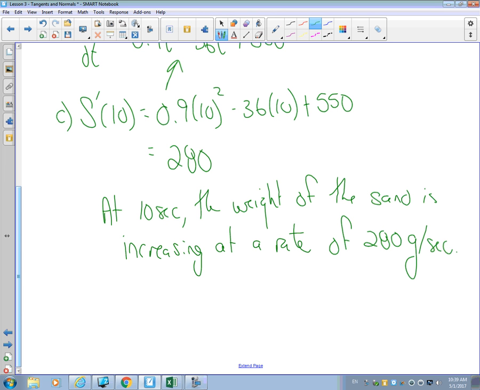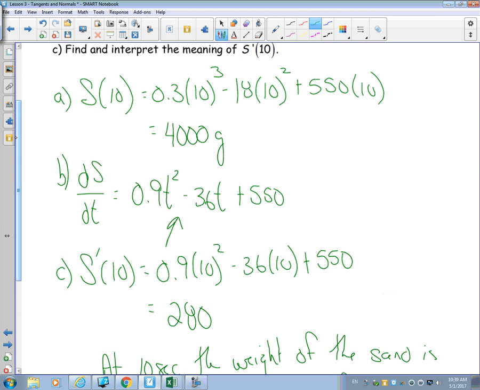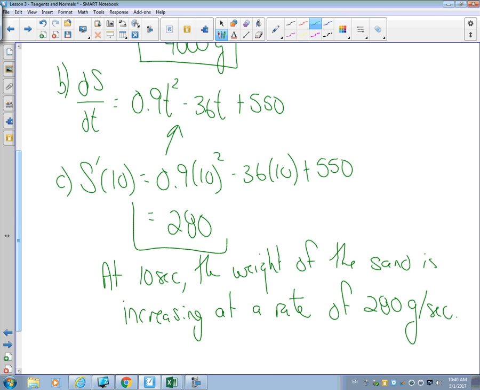So the weight of the bucket went up 280 at that 10th second. That's how fast it went. Okay. So again, we're using the difference between points. This is how much the total weight of the bucket is at that point. And this is how fast the rate is changing at that point. Two different kinds of things.